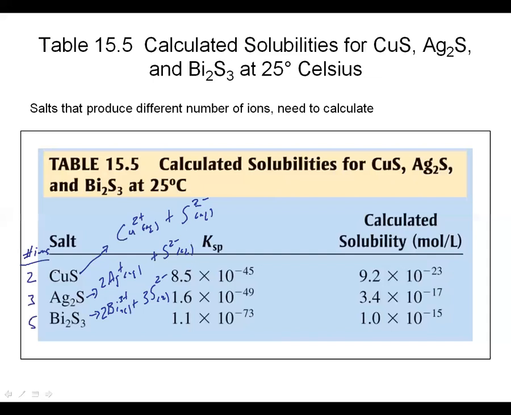If we went to the tables, these would be the Ksp values we would find for each of these. If we went solely based on the Ksp values, we would see that this is the largest, which would tell us that perhaps this one should be the most soluble.